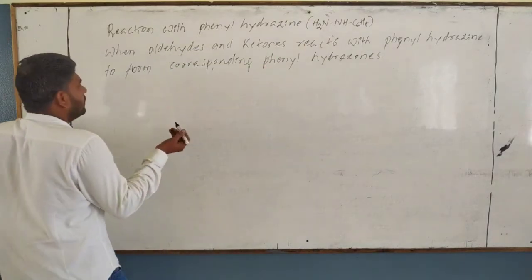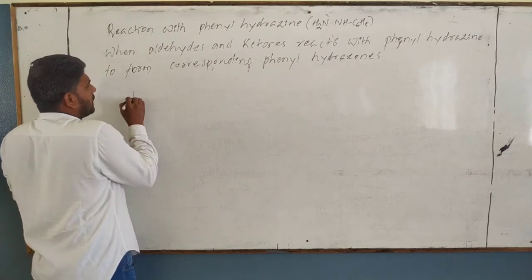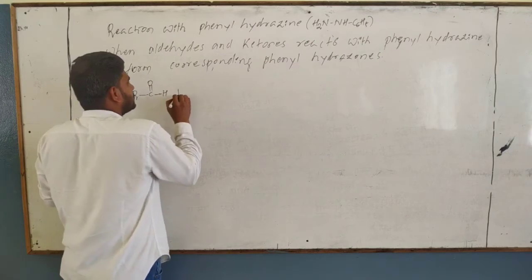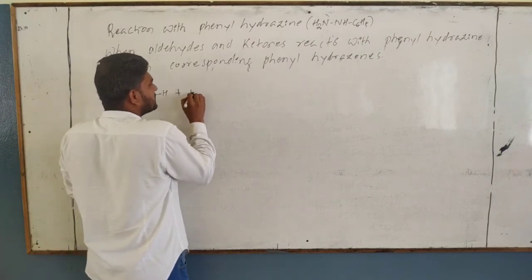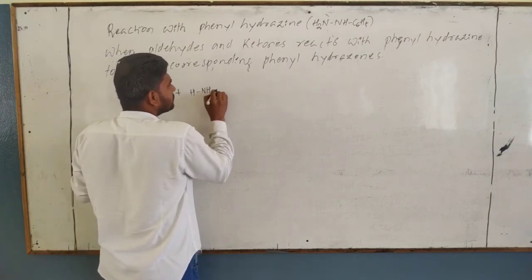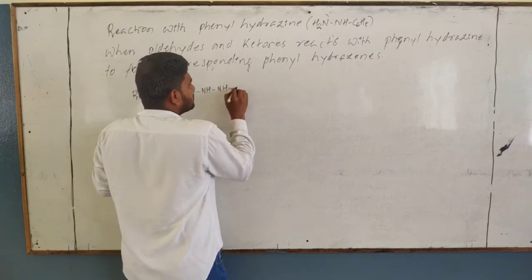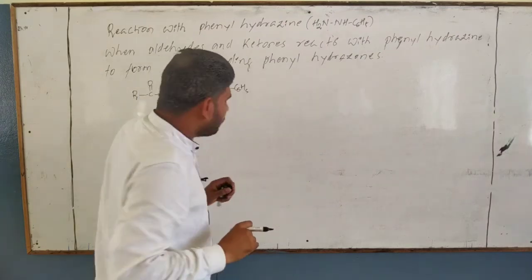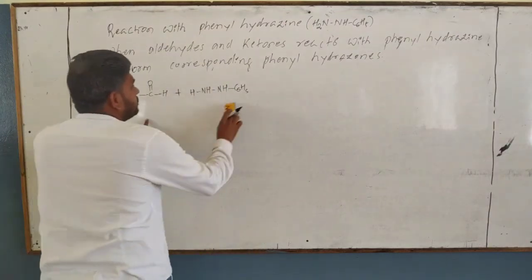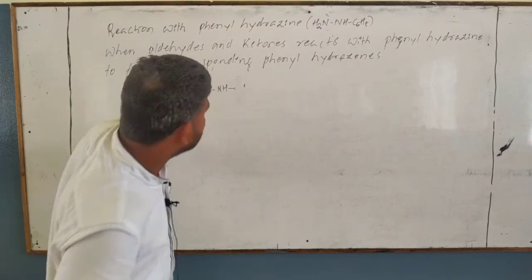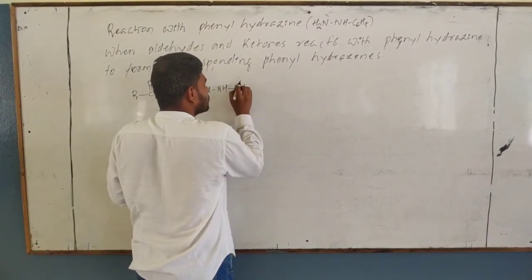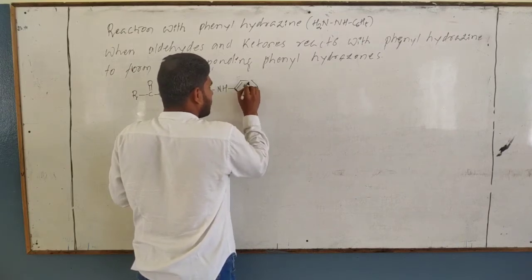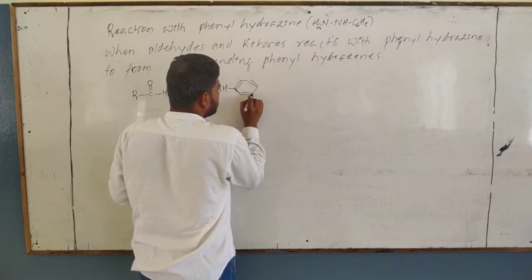For example, R C double bond O H. See, I can write it as H N H C6H5. I will write this in ring format.